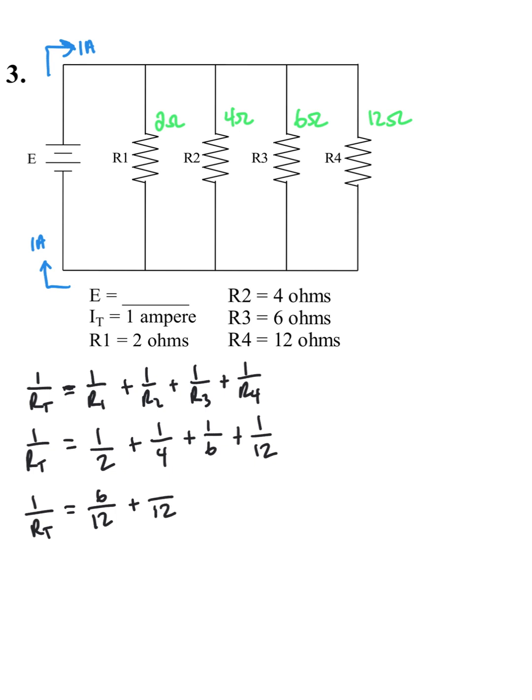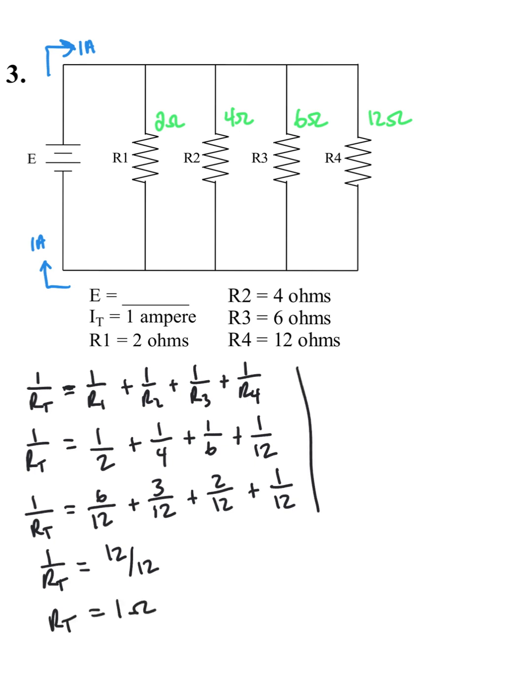Then 12 here, 4 goes in 3 times. And then 12 here, and 6 goes in 2 times. And then, of course, 12 only goes into 12 once. So we can add this together. And we end up with 6 plus 3 is 9. Plus 2 is 11, and 1 is 12. So 12/12. Do the reciprocal, and we'll come up with RT is equal to 1 ohm.